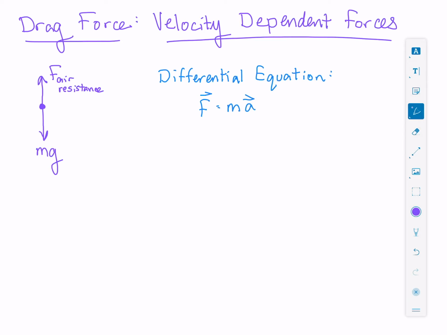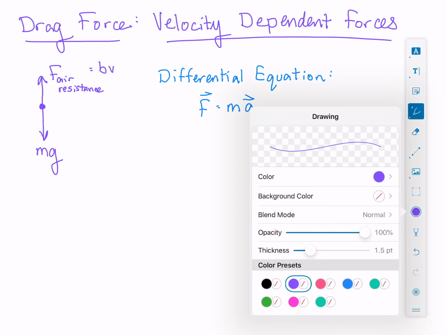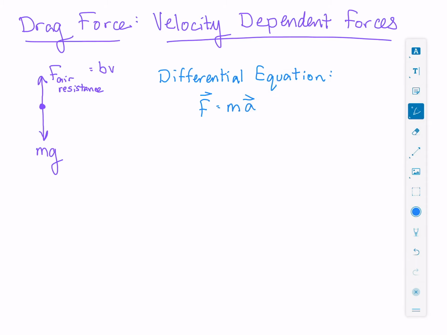But this air resistance, I can actually say, is equal to bv, some constant times the velocity. It is a velocity dependent force. So we would have bv minus mg is going to equal negative m dv dt.